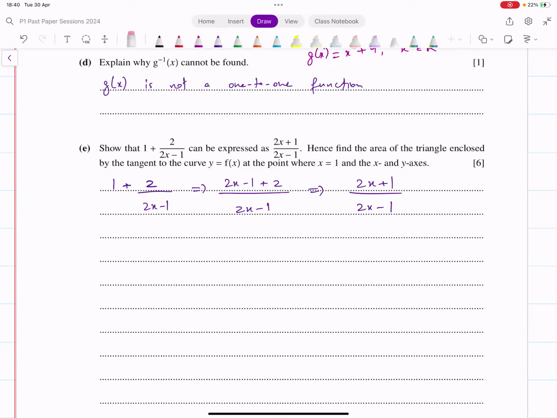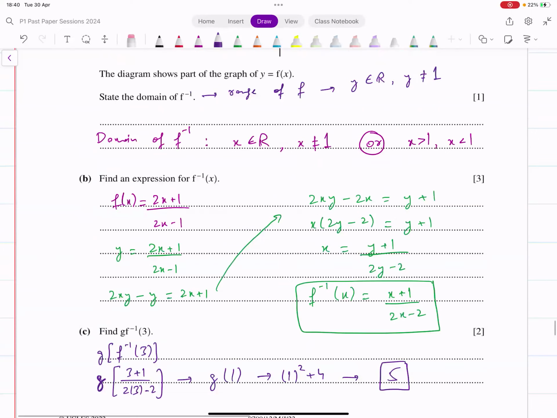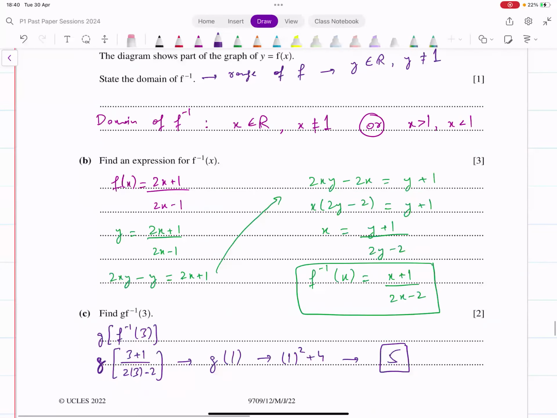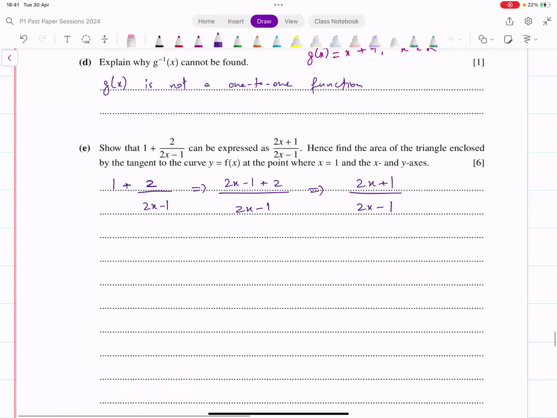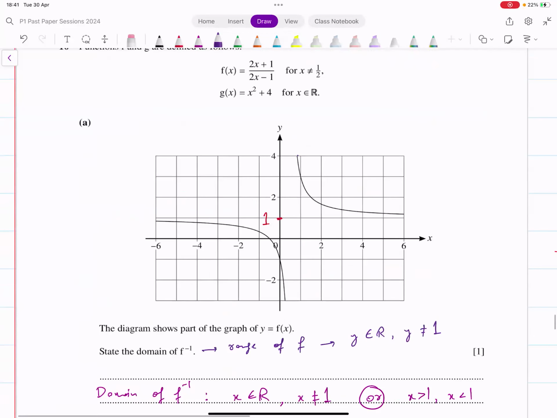Now it says, hence find the area of the triangle enclosed by the tangent to the curve, at the point where x equals 1. We've got a point on this curve that will look like this.